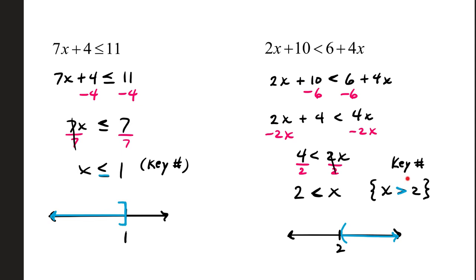So x greater than 2 is much easier to read than 2 less than x, in my opinion. All numbers greater than 2 are going to be to the right of 2 on a number line. The symbol is not underlined, so we use parentheses instead of a bracket.